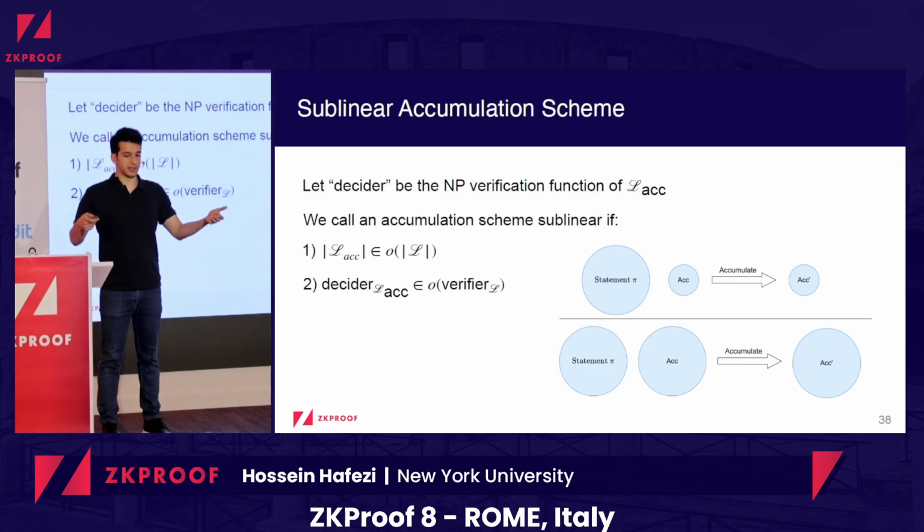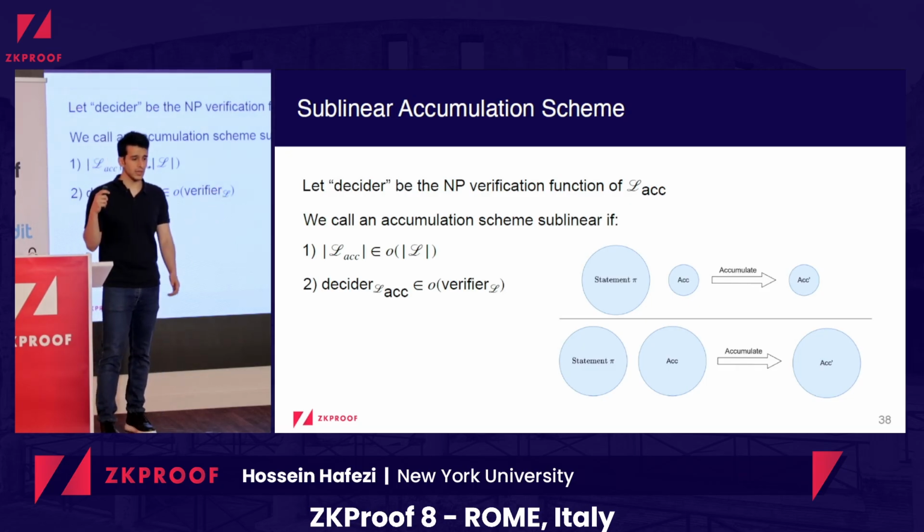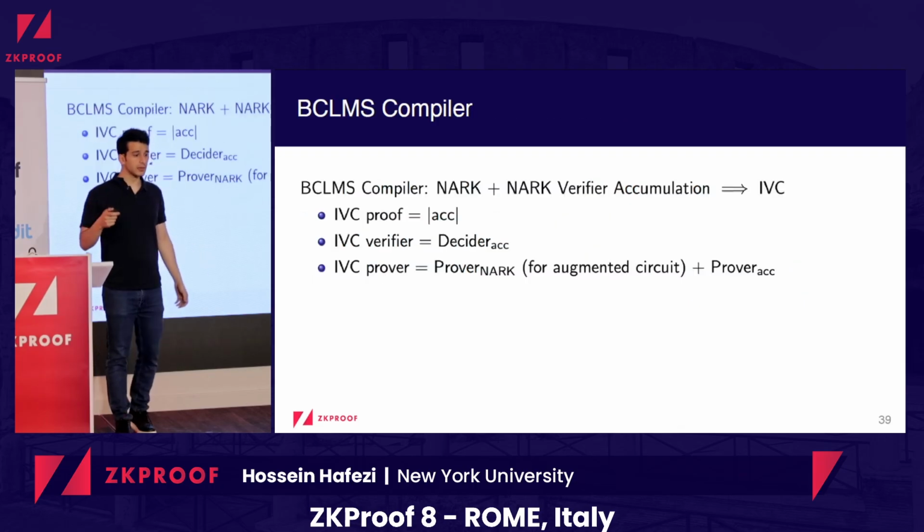And when you perform a step of accumulation and you get acc prime, that's almost the same size as the original statement. Whilst in a sublinear accumulation, when you perform a step of accumulation, you're also compressing the statement. Like here, the statement pi is compressed into a smaller accumulator. So you get some sort of succinctness as well.